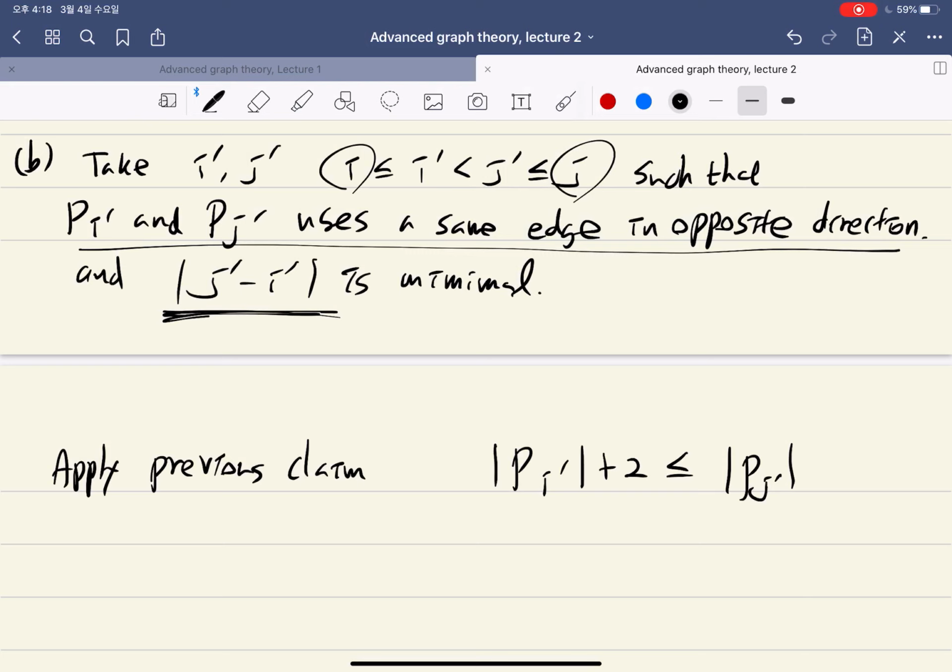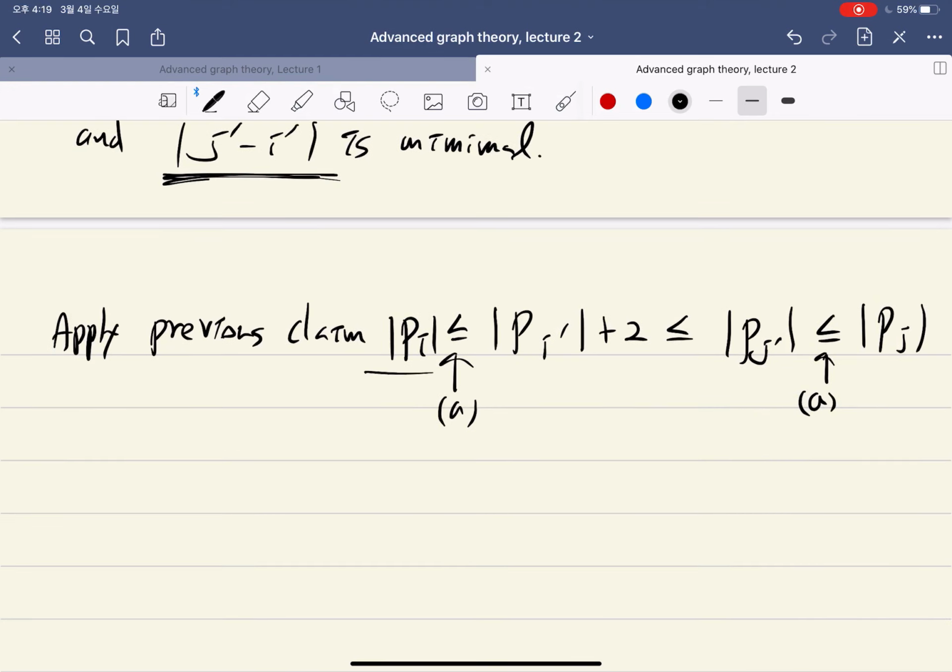Pj prime has a length larger than Pi prime by 2, and then by A we know that these two inequalities hold. So from this we know that the Pj has length at least 2 more than Pi.